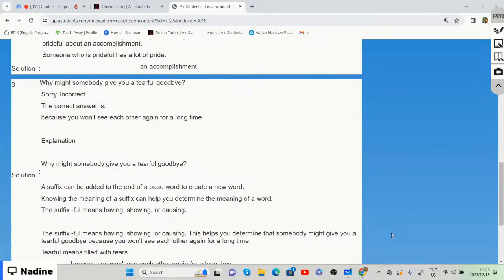So, something that will give you a tearful goodbye is when you won't see that person again, maybe for a long time, or you just won't see that person ever, right? So tearful goodbyes, it's either because you won't see each other for a very long time, or you won't see the person again at all.